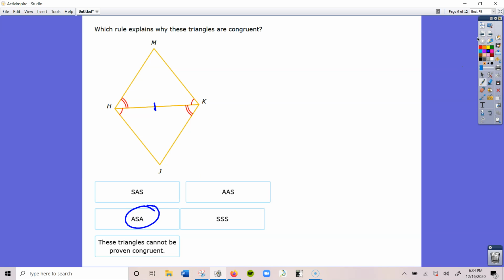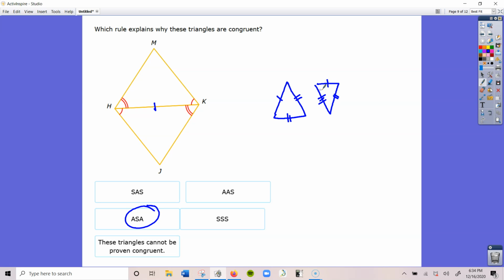So I chose for this particular IXL one of each type along with the cannot be proven to be congruent. So that way you would see how it works. Oh, except I just realized I didn't find an SSS. But basically, let's say these two triangles and it's marked like this.